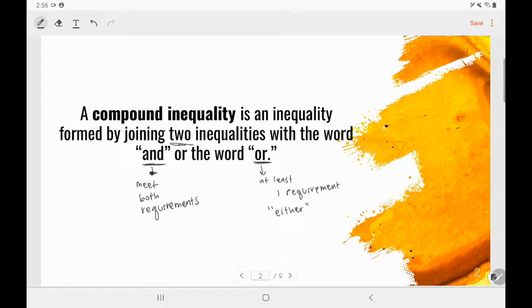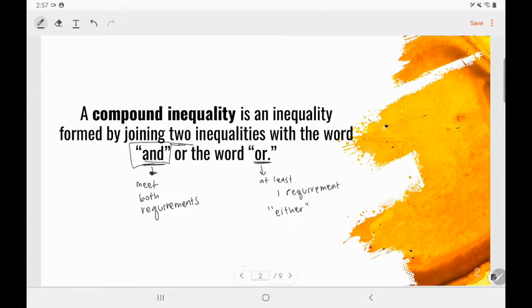For example, if I am talking about riding a ride at Lagoon, if a ride states that you need to be at least 13 and 5 feet tall in order to ride, that means you have to be both at least 13 and older, and you need to be at least 5 feet tall. So you have to meet both of those requirements if they use the word "and."